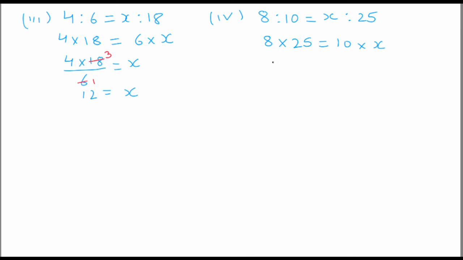Now 10 will be divided over here. And when we cut, we will get 2 fours are 8, 2 fives are 10, 5 fives are 25. So the value of x will be 4 multiplied by 5, that is 20.